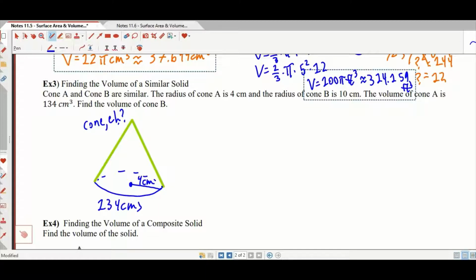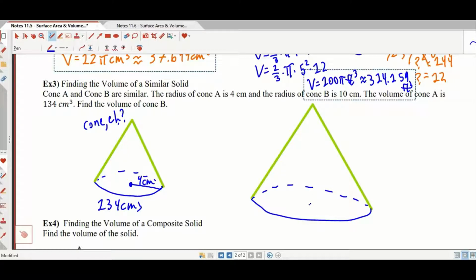Cone B has a bigger radius, so it's a bigger cone. 10 centimeters, and the volume is equal to who knows. So the point is that the scale factor of lengths will give you how many times bigger cone B is than cone A.